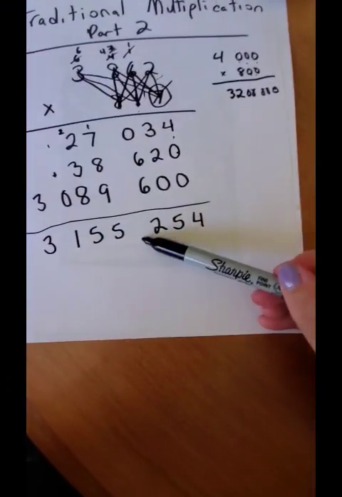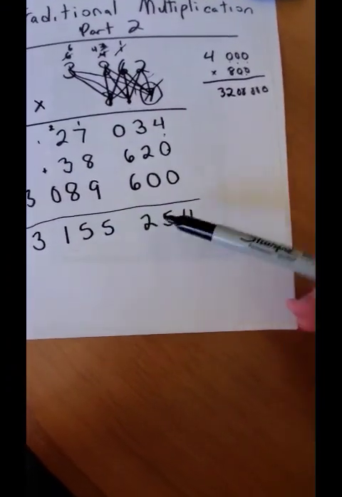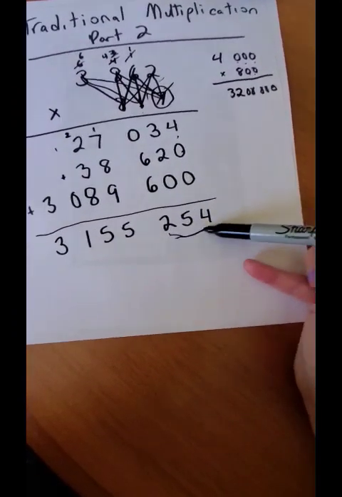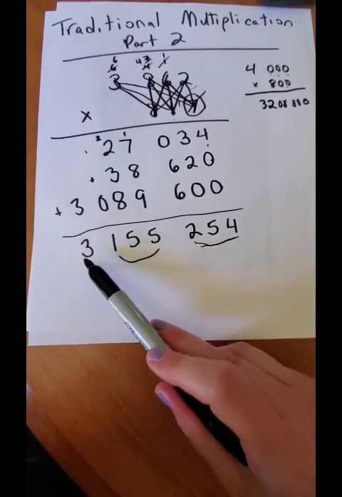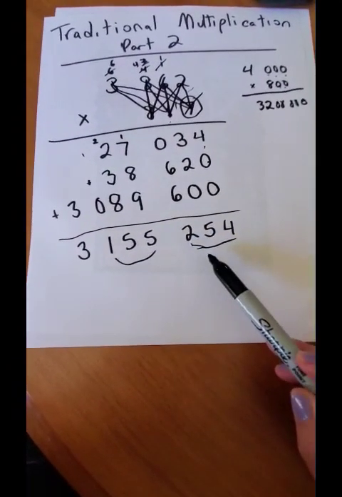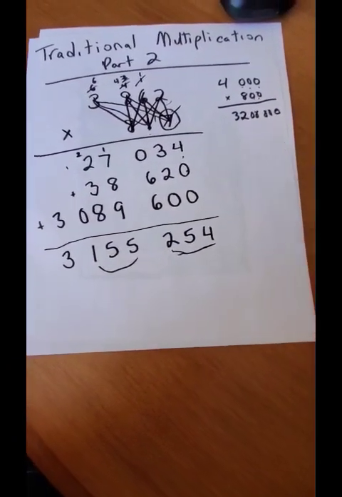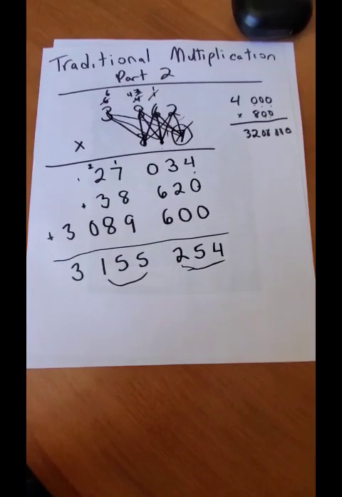All right, so you see I have little spaces to separate out my sections. Okay, so 3 digits in this section, 3 digits in this section, and the other one. So my final answer is 3,155,254. And that's relatively close to my estimate, so I know that I'm right.